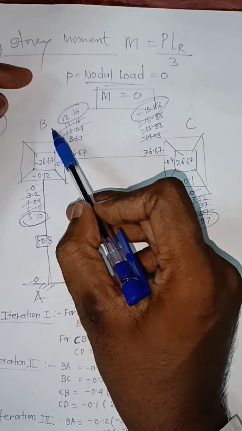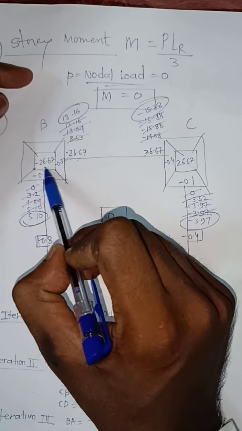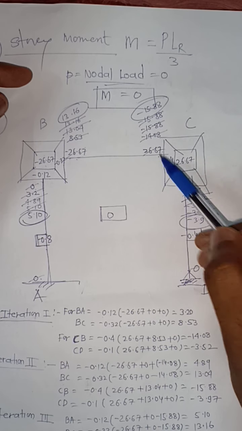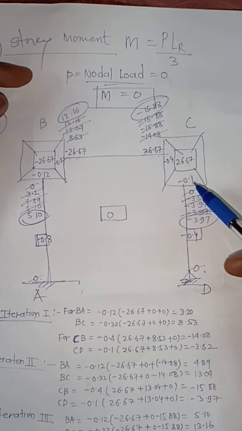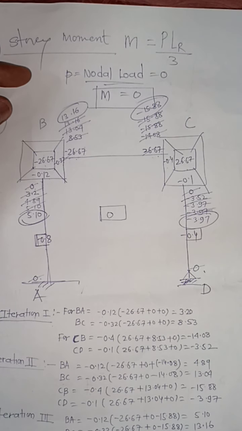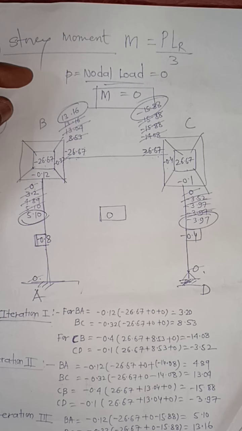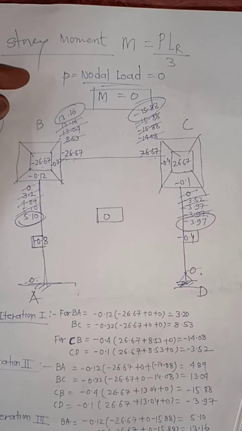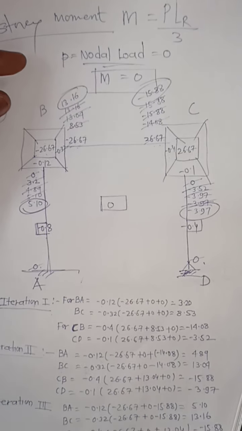At joint B, the moments are minus 26.67 plus 0, so the summation will be equal to minus 26.67, and you write the value in the center. Similarly, at joint C, take the summation 26.67 plus 0, so it will be 26.67. In the center you write the summed value that we have computed at the joint.